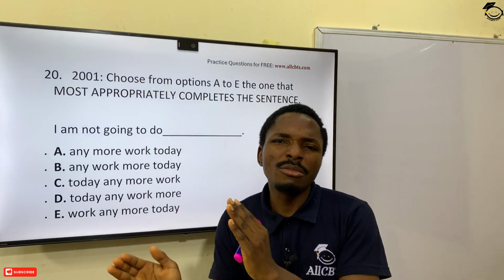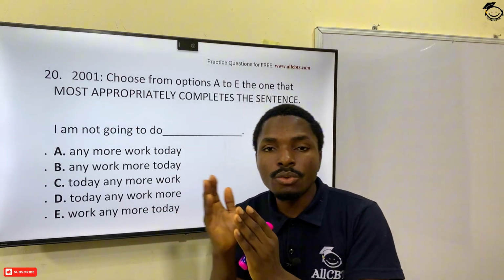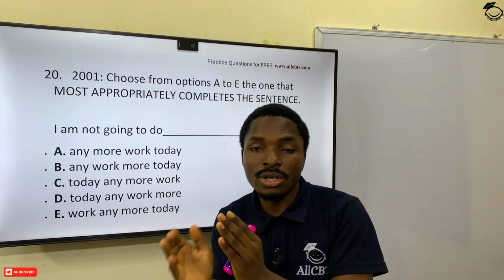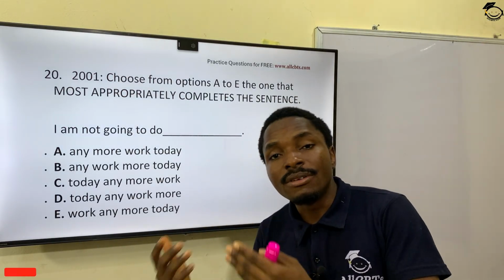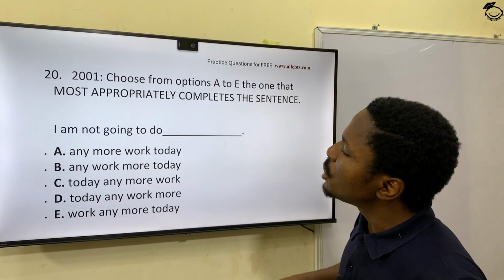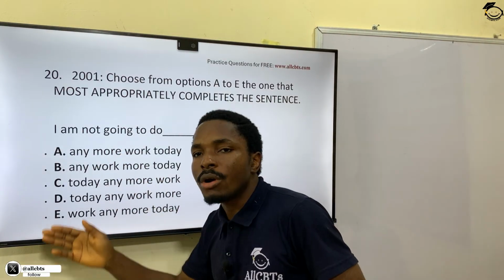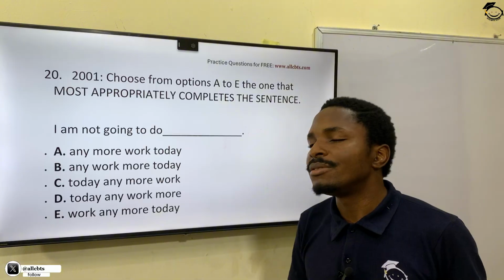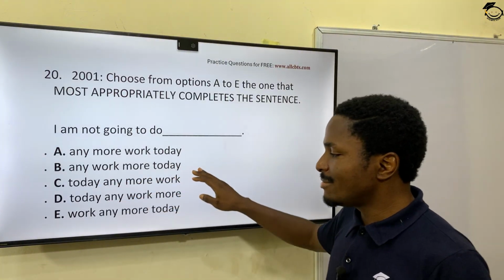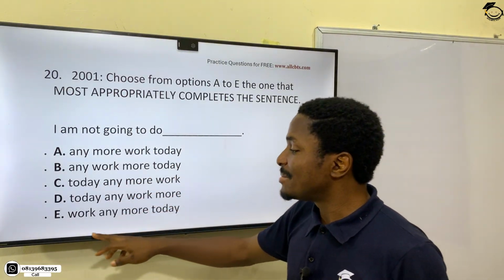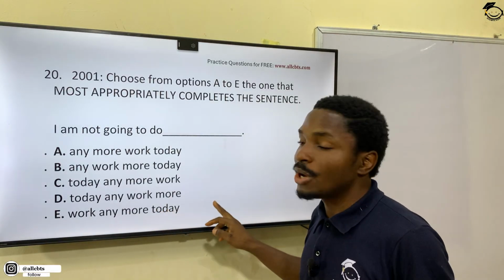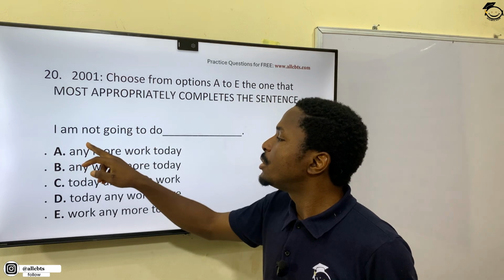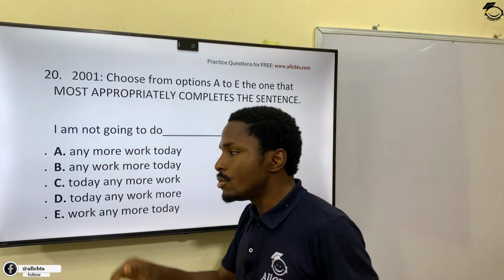Which one should come before which? Which one is contextually correct? I'm not going to do any more work today is the correct one. Not any work more. Or some persons may say, I'm not going to do work anymore today. That's a local way of saying it. So I'm not going to do any more work today.